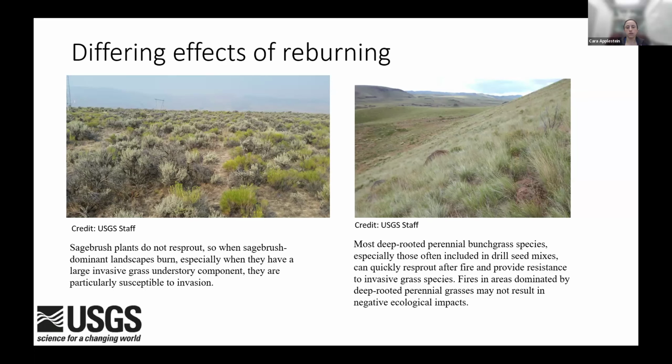On the other hand, if an area is drill seeded and has a really good establishment of perennial bunchgrass species, those grasses can often resprout and may be fairly resilient to reburning. And if it does reburn, the grasses may be able to resprout and resist invasion.